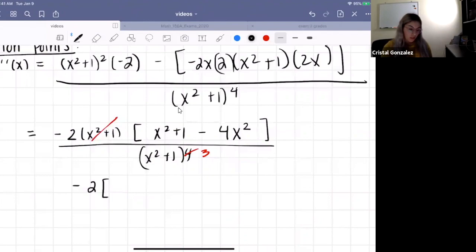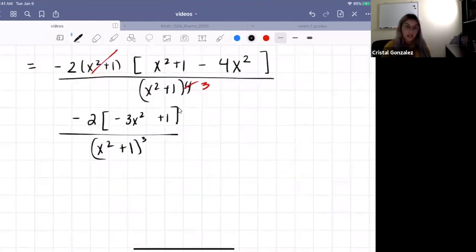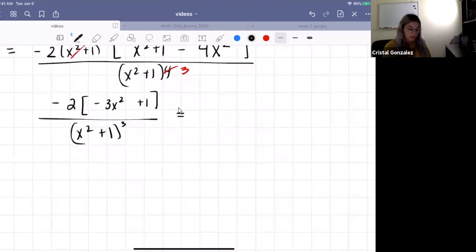And then you can combine x squared and this -4x squared together, and then you're left with -3x squared plus 1 all over x squared plus 1 all cubed. Okay, perfect. And now we can simplify just a tad bit more, and we'll end up with 6x squared plus 2 all over x squared plus 1 cubed. So this is our second derivative.